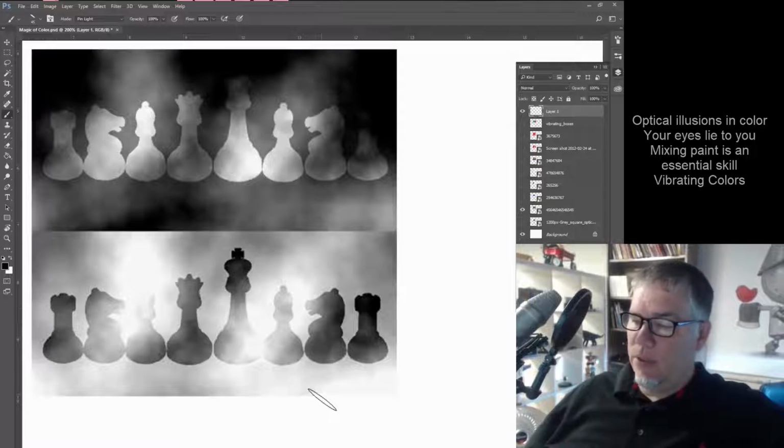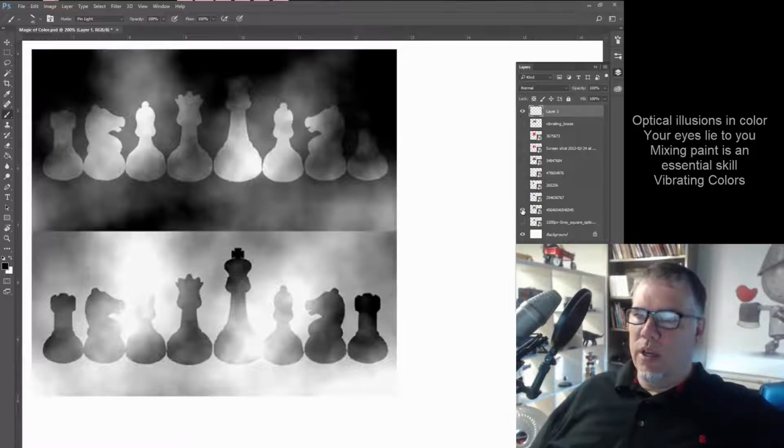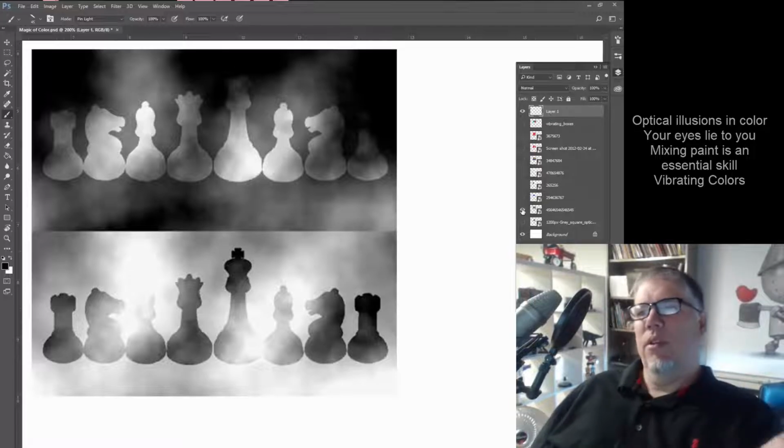Now some people like to mix up a batch of paint and say, this is the color that I'm going to use. Let's say they're doing a village scene, and there's a lot of houses, and all the houses have the same stucco.